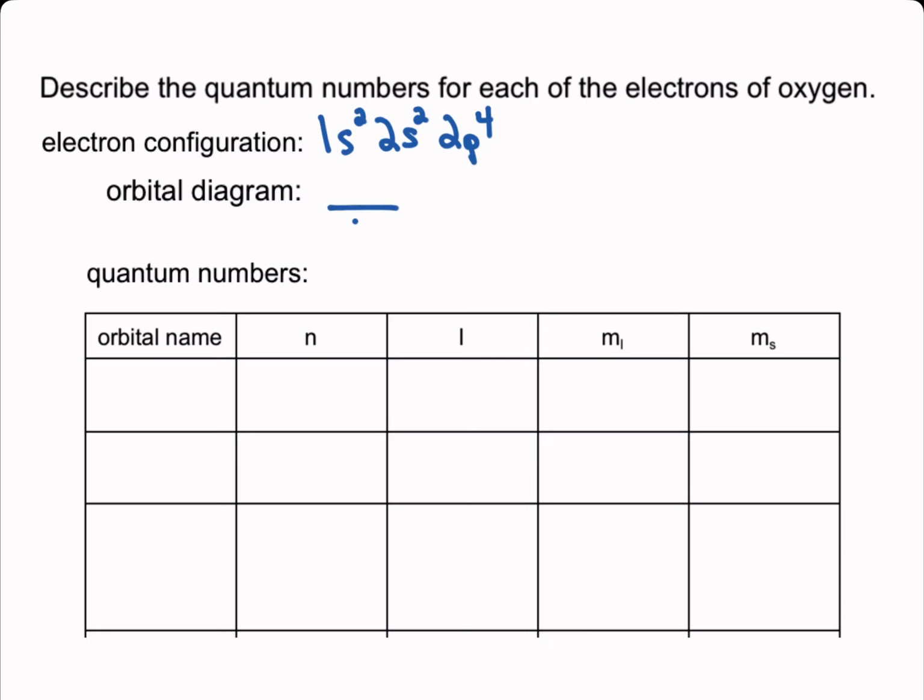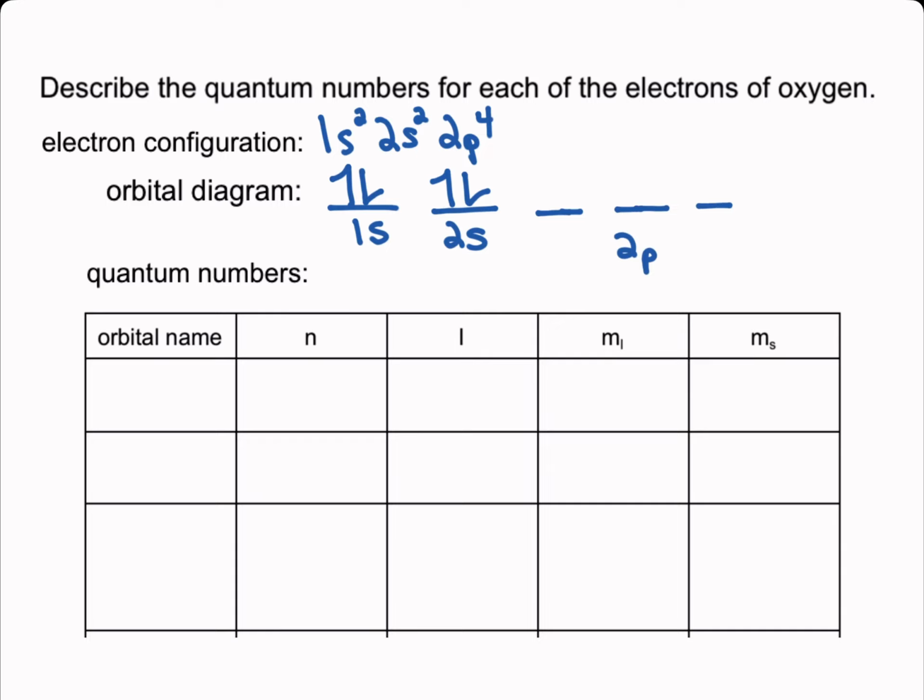So the orbital diagram: 1s has 2 electrons, one spinning up, one spinning down. It has 2 electrons in 2s, one spinning up, one spinning down. P has 3 orbitals, and there are 4 electrons.